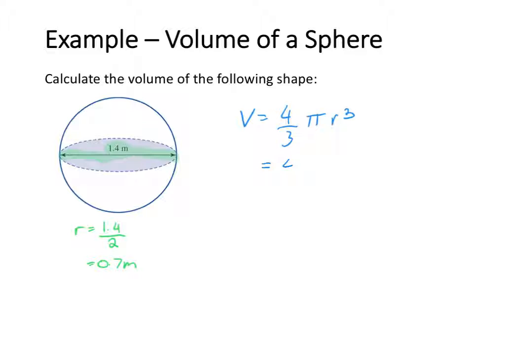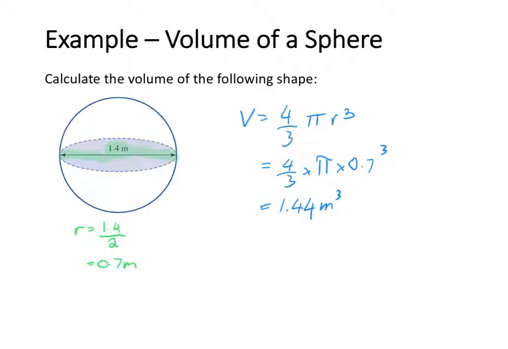So that's going to equal 4/3 times pi times 0.7 cubed. Putting that into a calculator, we can get a volume of the sphere is equal to 1.44 meters cubed. So the volume of a sphere with a 1.4 meter diameter is equal to 1.44 meters cubed.